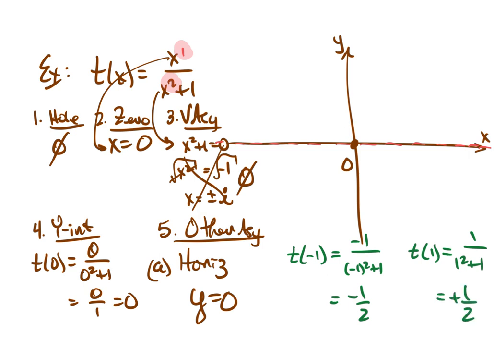So just to help out a little bit on the graph, when I'm left 1, I've got to be down 1/2. And when I'm right 1, I have to be up 1/2.